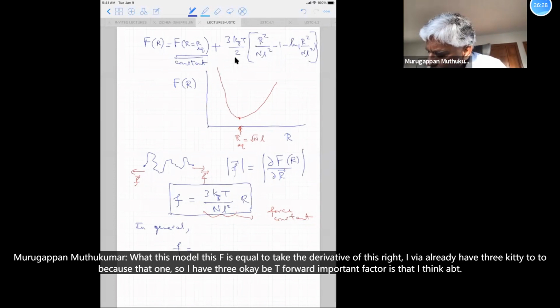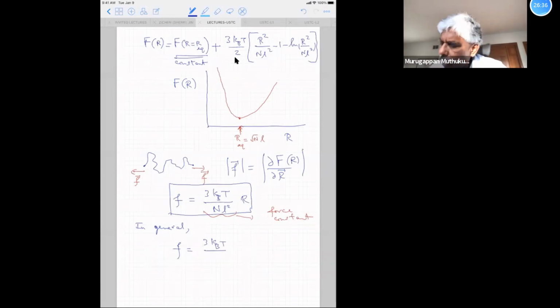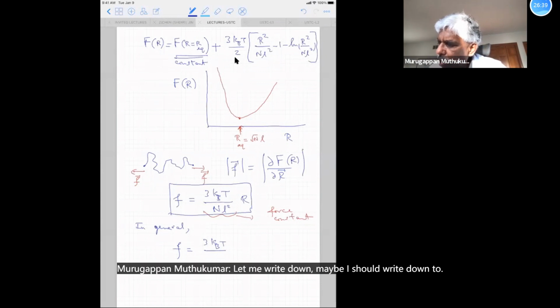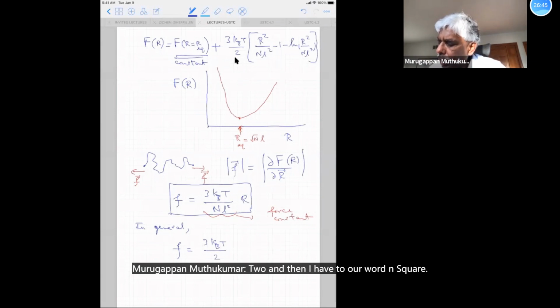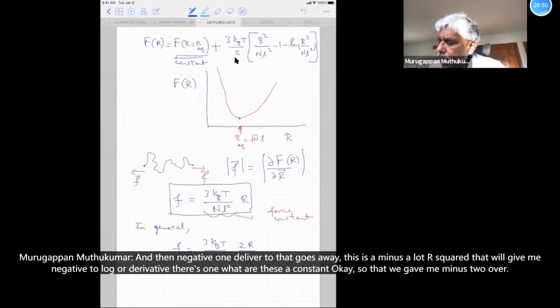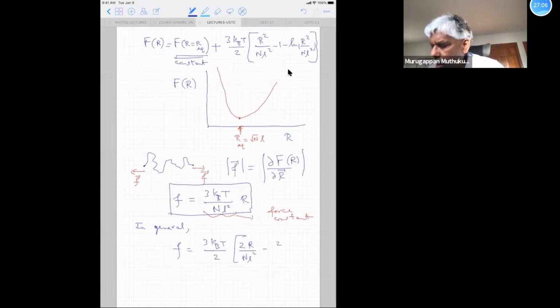So I have 3 kBT over, let me write it down, 2R over NL square. And then the -1, its derivative goes away. This is minus log R square, which will give me -2 log R, whose derivative is 1 over R. This is a constant. So that will give me -2 over R.